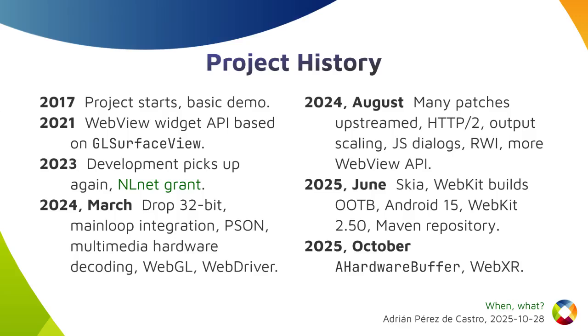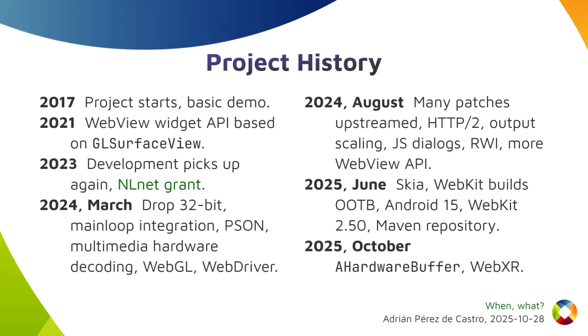And this year, what we have up to June, which is more or less around the time of the Web Engines Hackfest, where I did a similar presentation, but not exactly the same one. At this point, we are also running Skia for rendering on Android, and the WPE WebKit build we have for Android works practically out of the box from the main branch. It was getting to be true at that moment.